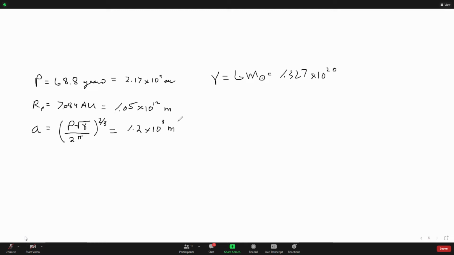So 2.17 times 10 to the 9 seconds times the square root of 1.327. Okay, I get 2.51 times 10 to the 12.